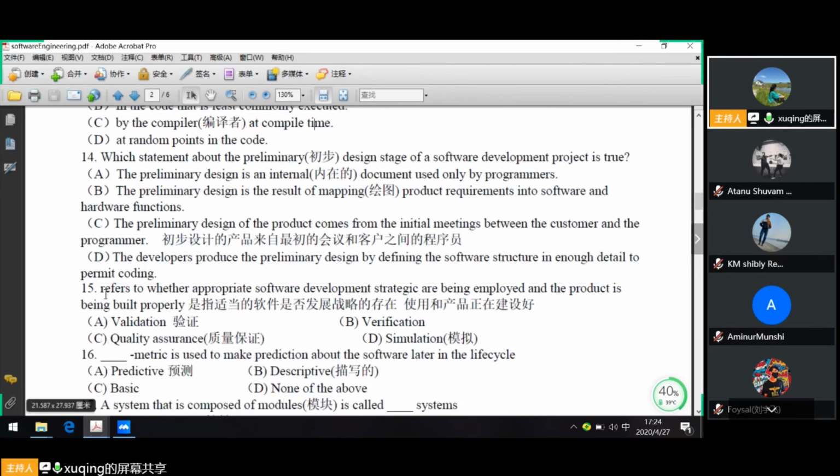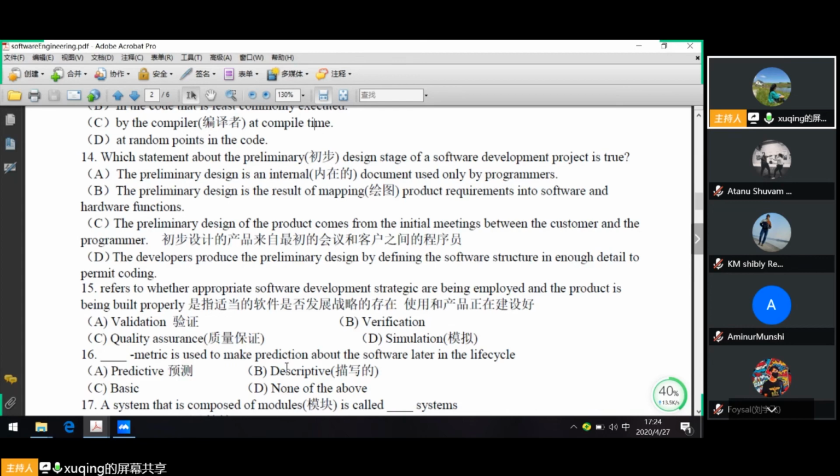Then for 15, what refers to whether appropriate software development strategies are being employed and the product is being built properly? Here, this one is the validation. We have talked about it already twice.